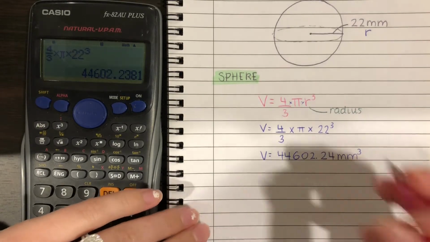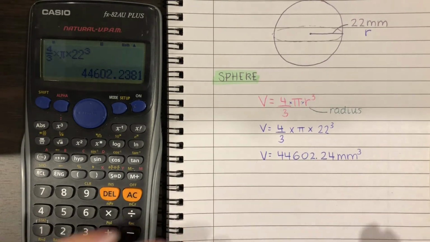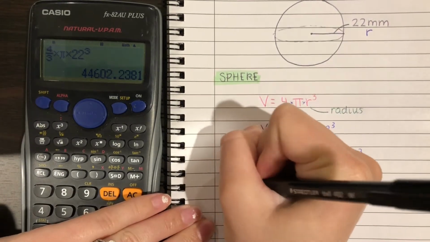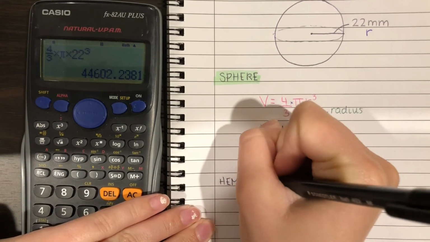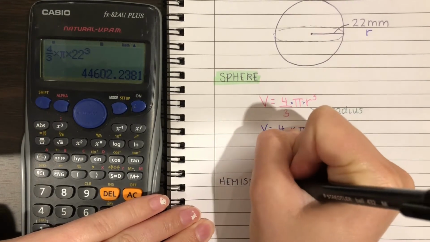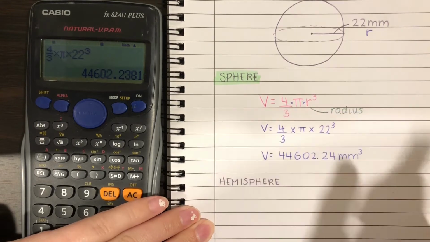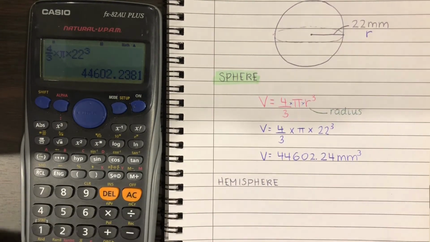Well, I'll just make it clear that now I'm doing a hemisphere and write that in green. We'll highlight it in green.